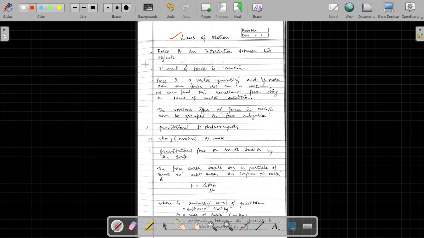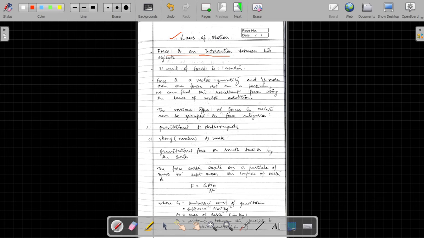So we can say that there is no need for contact to exert a force in this case. From this we can say that contact between two bodies is not necessary for forces to act on one another.